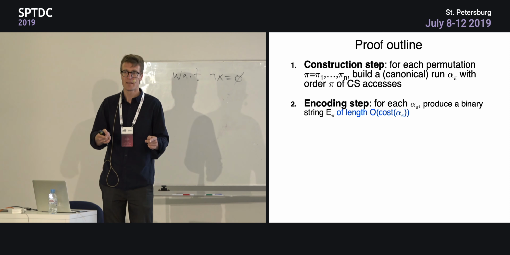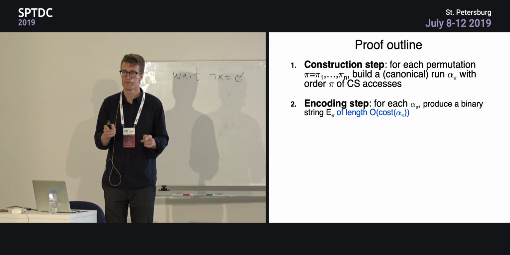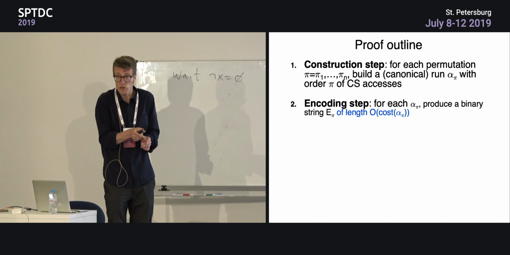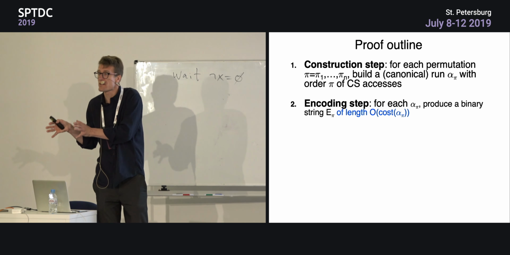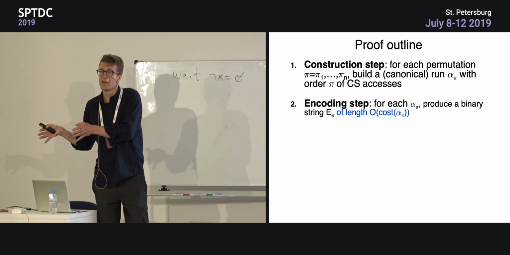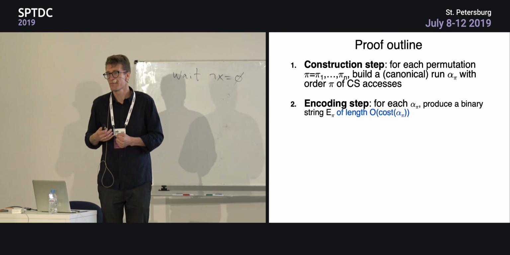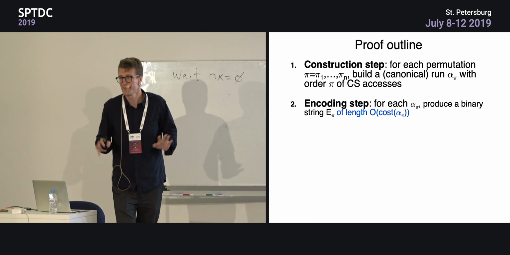And this is the trickiest part, actually. Because we need to look at the execution we constructed in the first step. We should look at what RMRs are executed there. And the code which we create shouldn't be too long. It should be bounded by the cost. Otherwise it doesn't work.